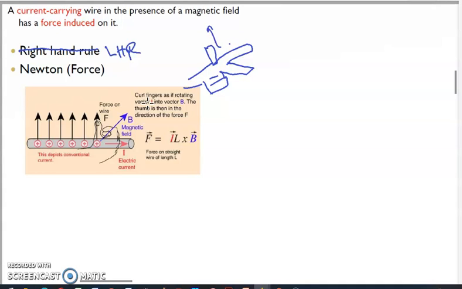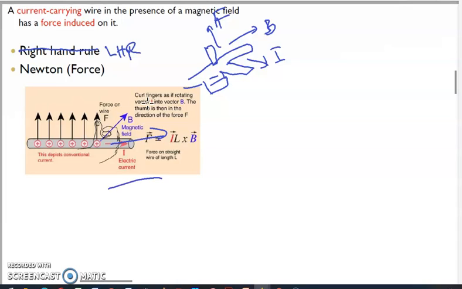This is your magnetic field, which is B, this is your current I, and this will be your force.